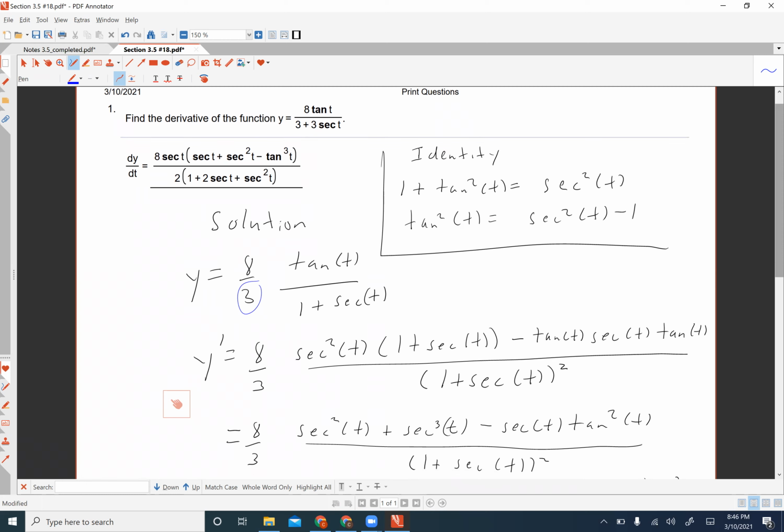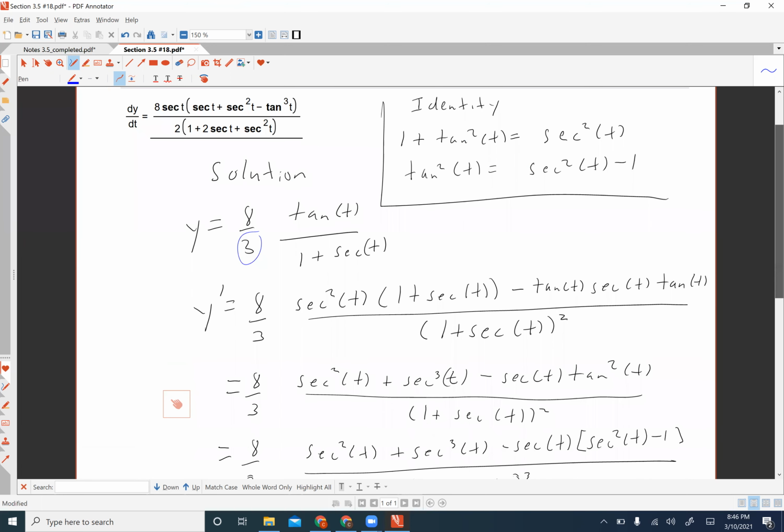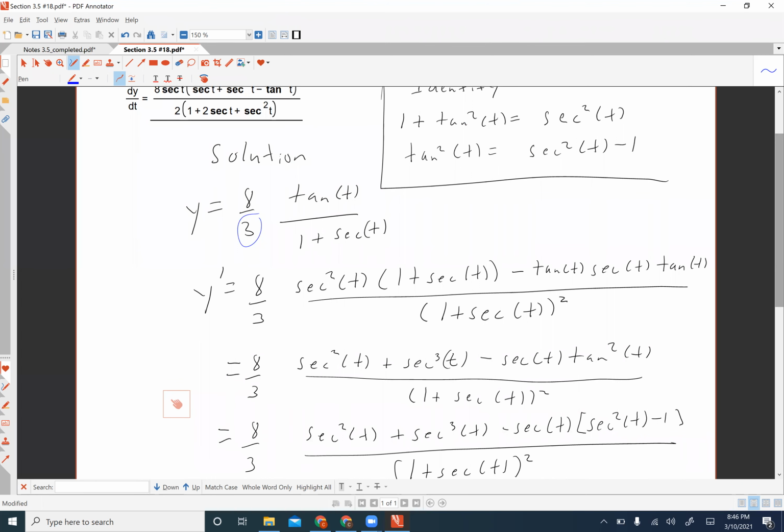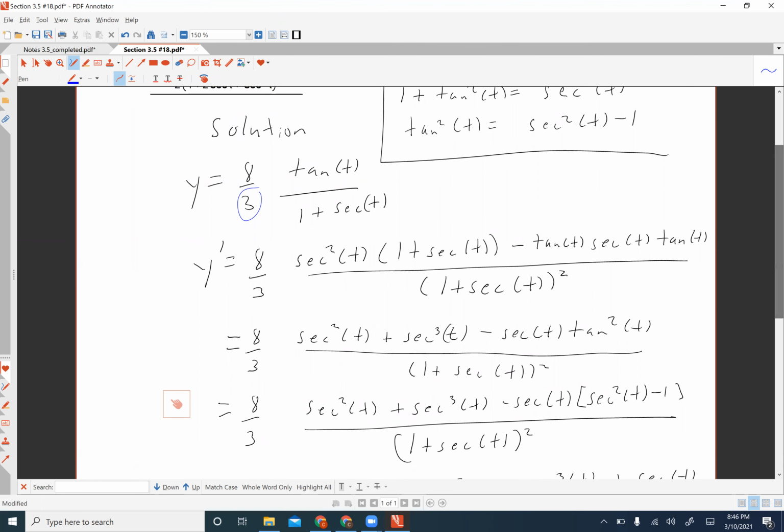So the derivative of tangent is secant squared. So it's secant squared times the denominator, 1 plus secant of t, and then minus the numerator, tangent of t, times the derivative of the denominator. Well, the derivative of 1 plus secant of t is secant of t tangent of t. And then the whole thing is divided by the denominator squared, 1 plus secant t squared.